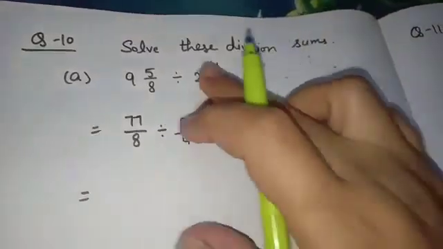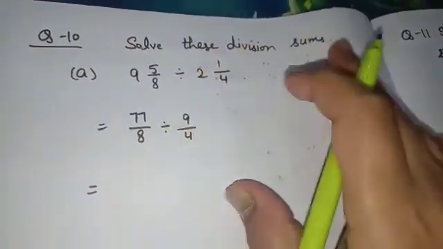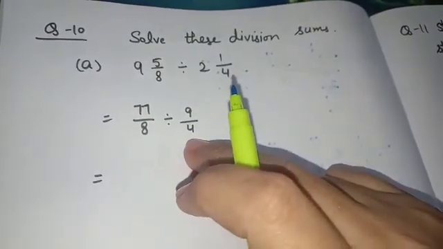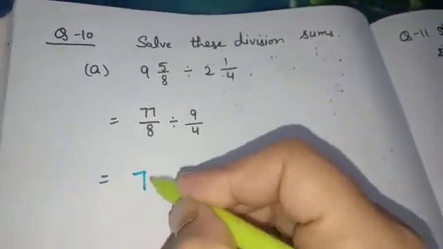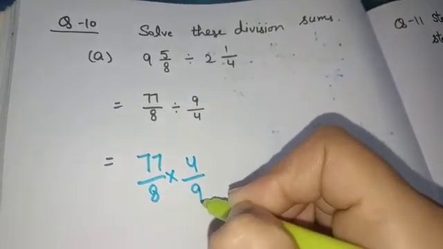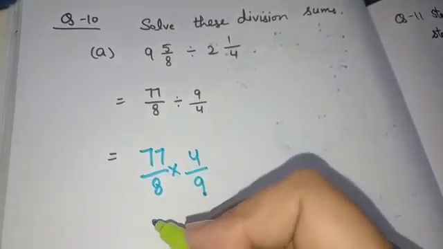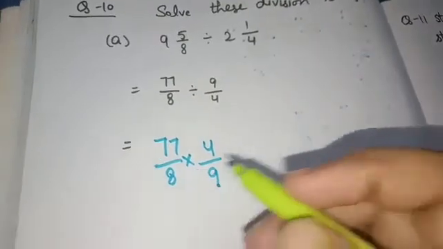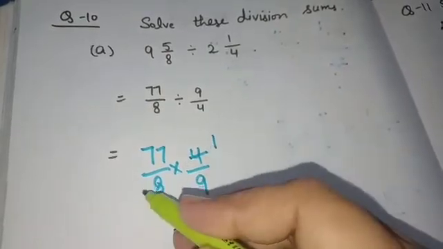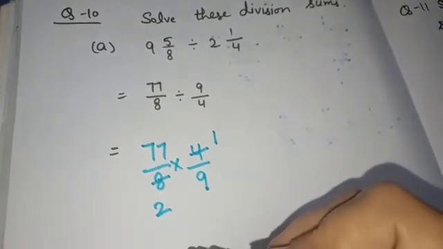After this, question number 10 is to solve these division sums. How to divide two fractions? Firstly, convert into improper, then the division sign will be converted to multiplication. 4 by 9, then try to cancel. Is cancellation possible? This can be cancelled. 4 1s are 4, 2s are 8.